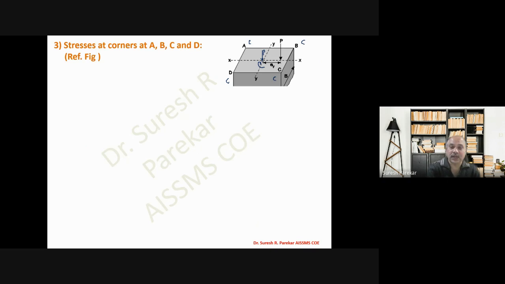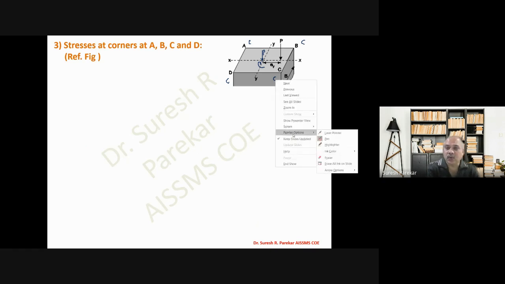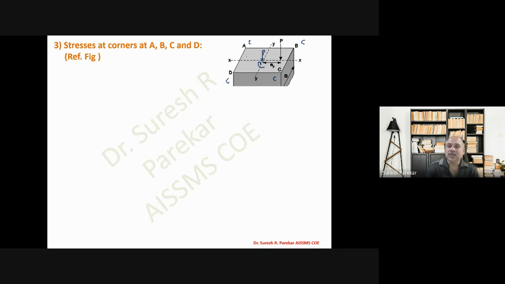Now due to moment, the load is on the right side. So we have compression over here, compression over here, tension over here, tension over here. So B and C are the same, A and D are the same, and the same are mentioned over here.